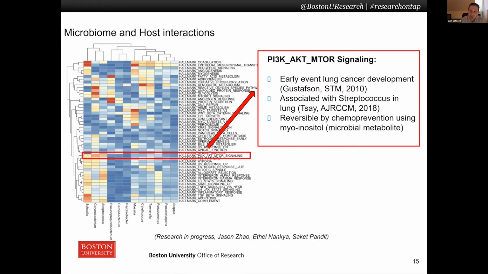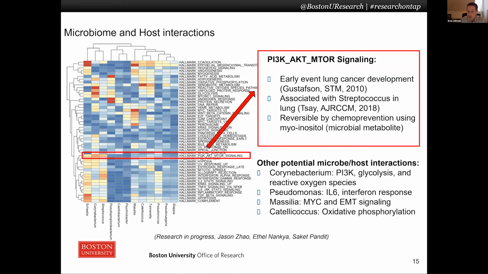And then it's been shown to be reversible by chemoprevention using agents such as minoxidil, which turns out to be a microbial metabolite. And so we're actually digging in and actually looking at these microbe by drug by host interactions and trying to use that to essentially drive our analysis.